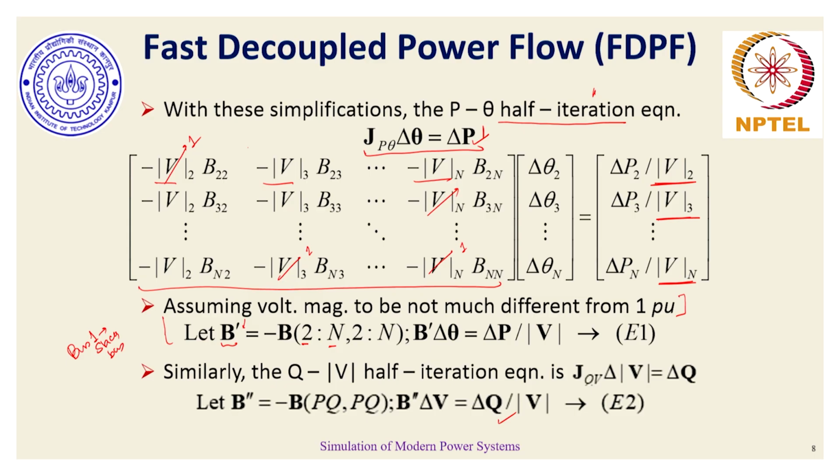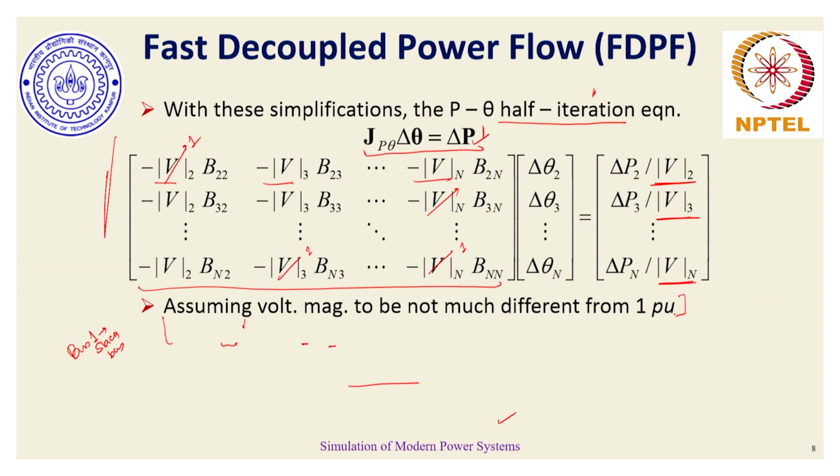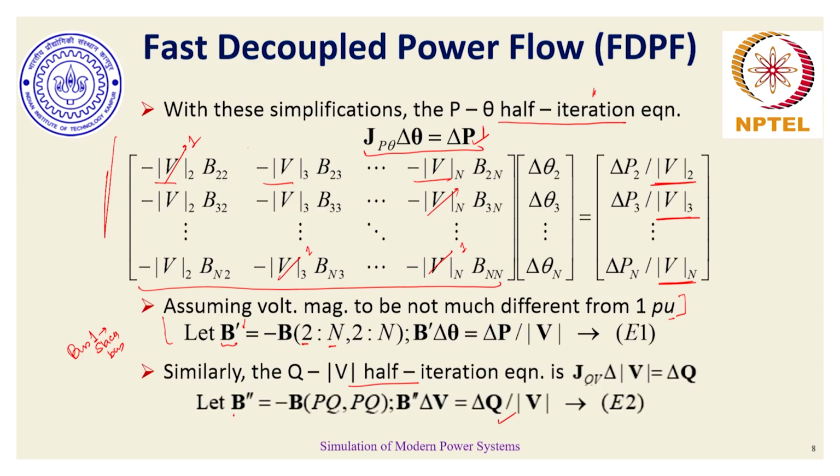Similarly, for the JQV half iteration, if we write this blown up matrix and substitute the corresponding off diagonal and diagonal terms, and use the fact that voltage magnitude is not very different from 1 pu, we would have the second half equation, which would again be a function of the imaginary component of the Y bus.